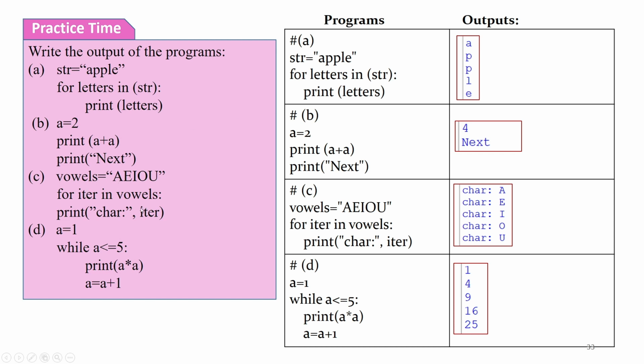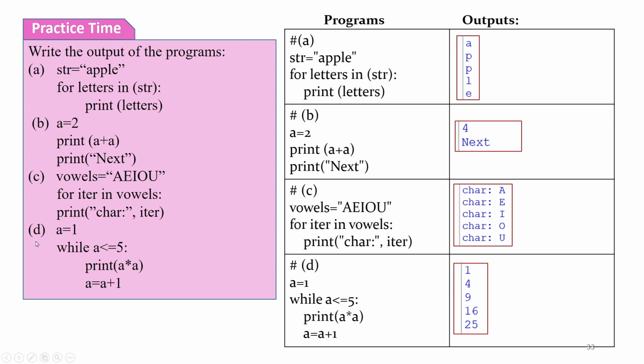So here it is going to print character, in short char, colon and iter, the first value a. In the next iteration e, then in the next i, o, u. In this way, programs a and c are the same, with the only difference being apple versus a, e, i, o, u.